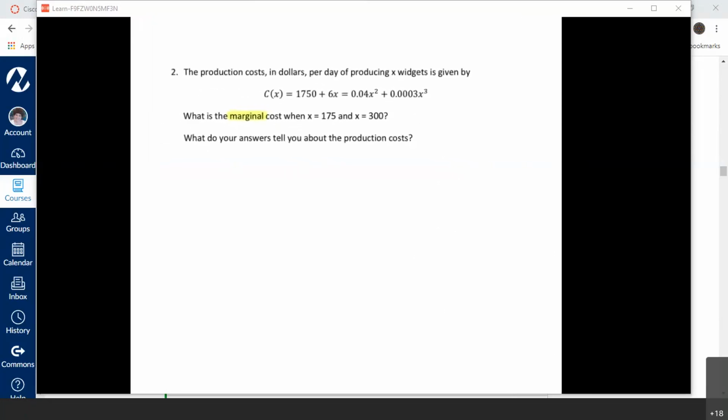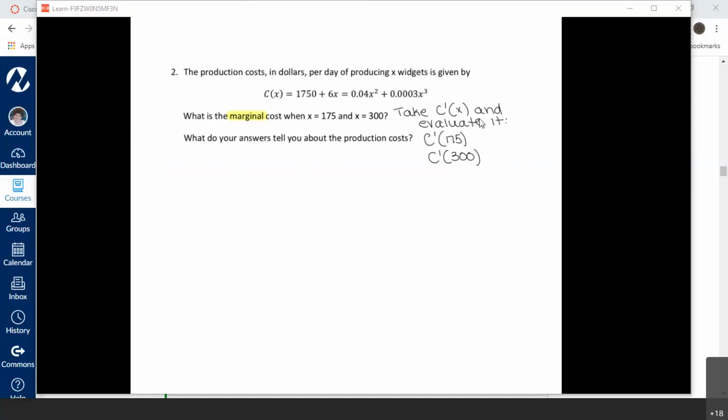So this means take the derivative, c prime of x, and evaluate it: c prime of 175 and c prime of 300. That is how I interpret this question.